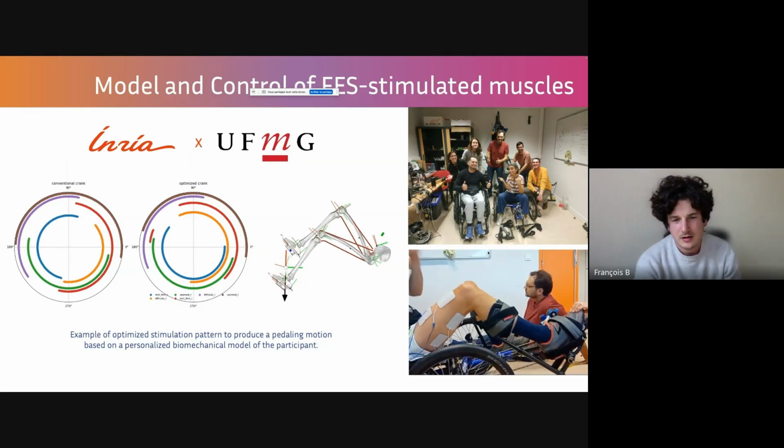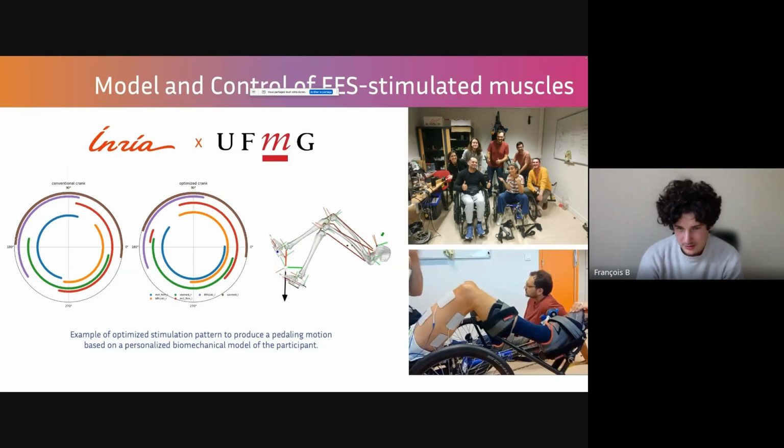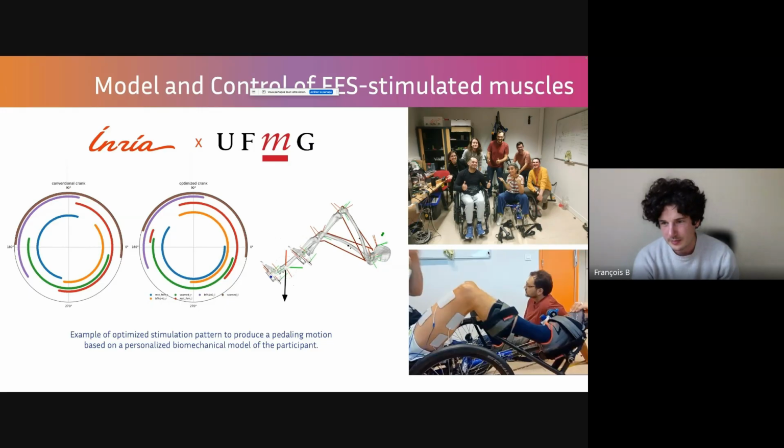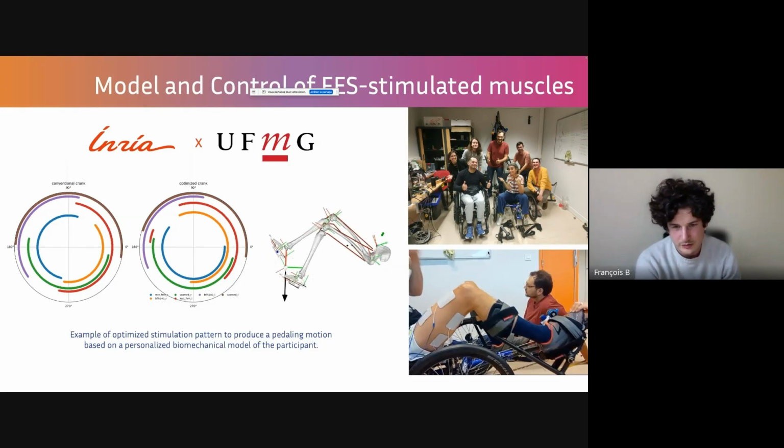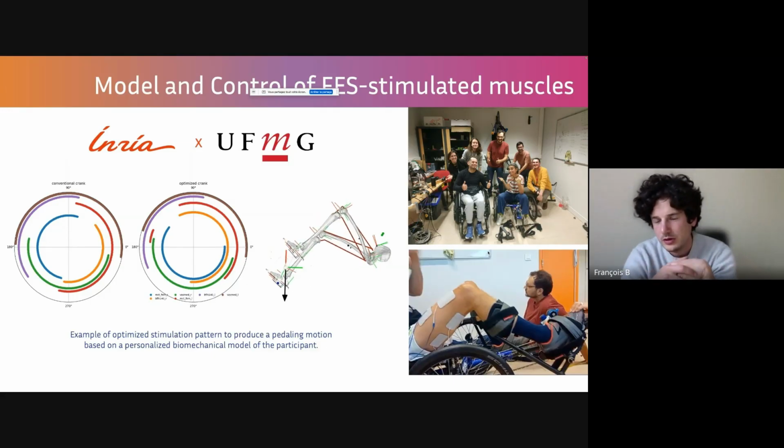So this last slide is about the collaboration that we conduct with the associate team we have with UFMG, and Professor Enrique Rezende Martins, who works at UFMG. The idea here was, a pilot was going to participate in the Cybathlon competition, and the Brazilian colleagues came to France to train their pilot before going to the competition.